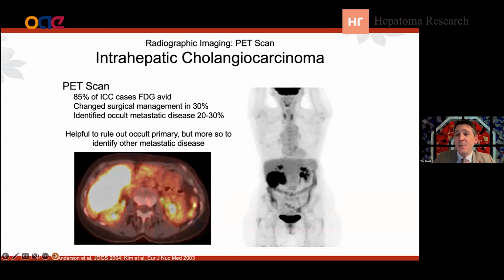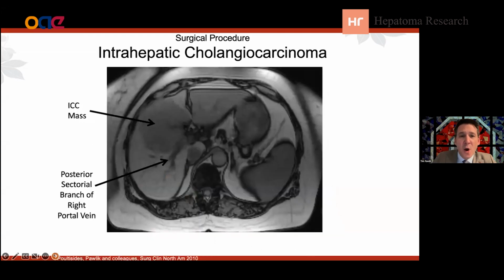In some patients, it may even identify a previously unanticipated primary tumor from the stomach or the colon. And then, at least in my practice, if patients have FDG avid nodal disease in station 12 and the hepatoduodenal ligament, or especially outside of station 12, then I'm likely to treat those patients with preoperative chemotherapy prior to taking them to the operating room.